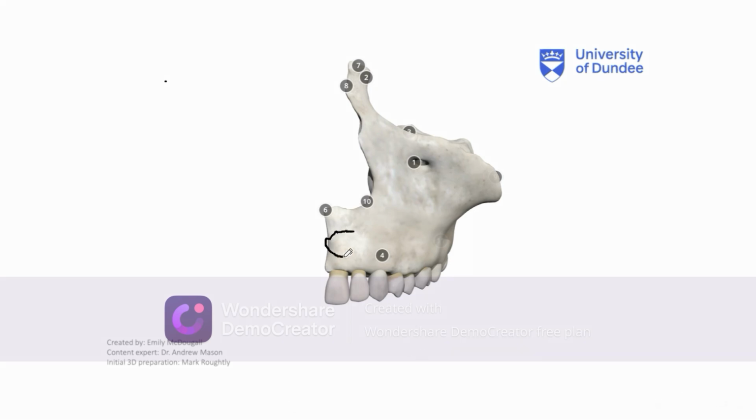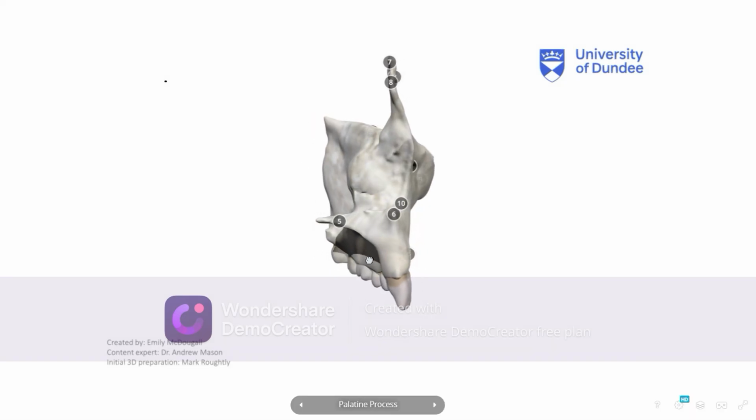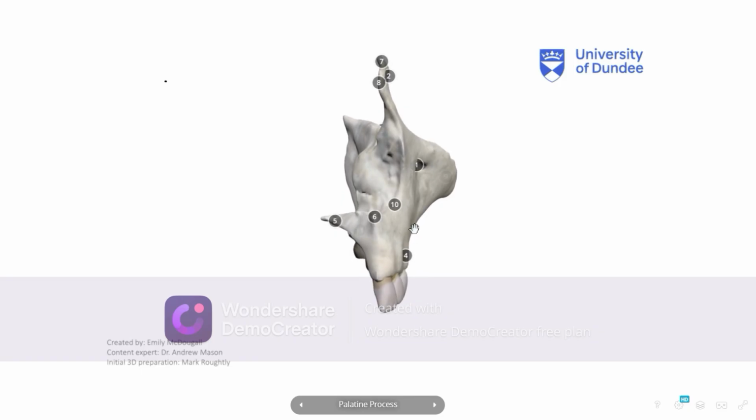This area is known as the incisive fossa. We already studied in the mandible that a depression in the bone is known as a fossa, and this is the incisive fossa. Just above the incisor, you can clearly see a depression in the bone. This is known as the incisive fossa.